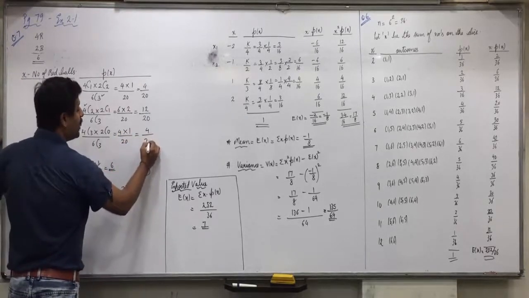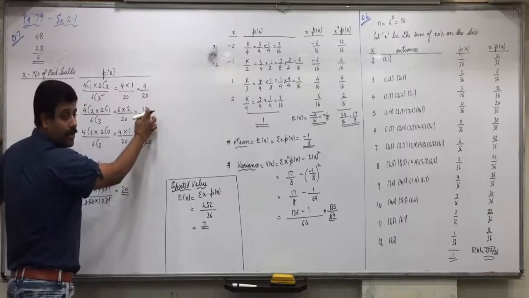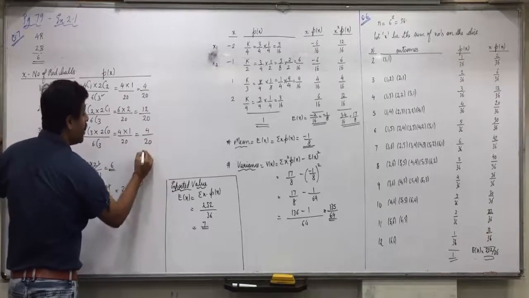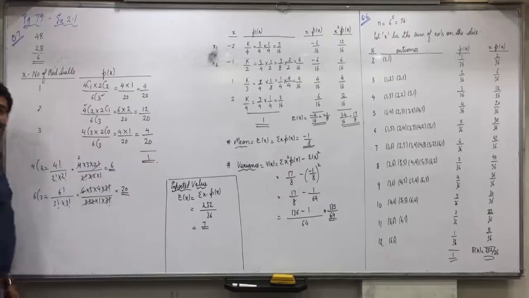So 4 by 20. 4 plus 12, 16 plus 4, 20 by 20. Did you understand this? The first answer is obtained, the probability distribution.